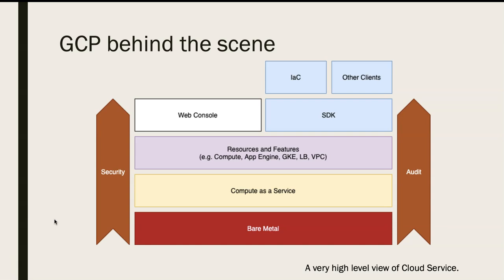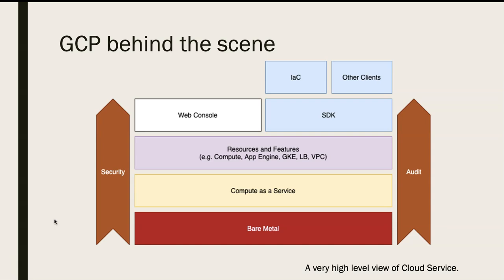And we'll be able to access this through the web console, which is developed on top of the SDK. The SDK has the ability to provide APIs for all the resources and features below it, and the same SDK can be used by any infrastructure as code tools like Terraform or Ansible to manage the cloud resources and features.